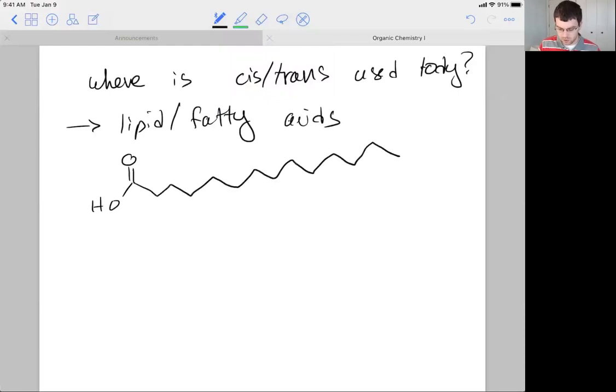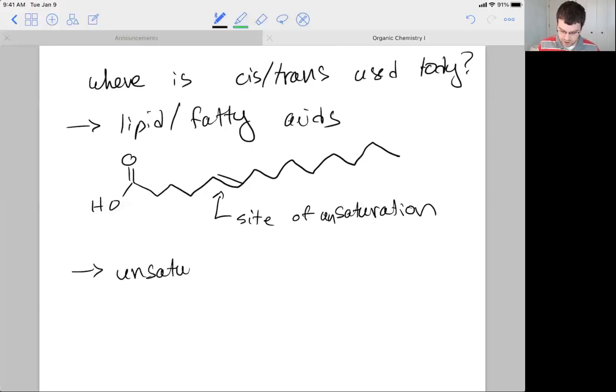And what we can do is add double bonds at various places, and we call that a site of unsaturation, because it's not saturated or full of hydrogen atoms now. We could add more hydrogen atoms. It could be more saturated. So this is an unsaturated fat pictured above.